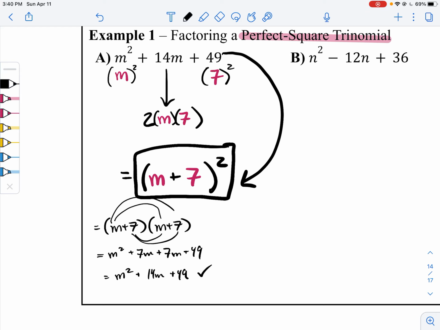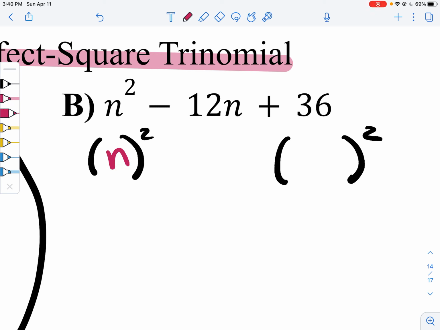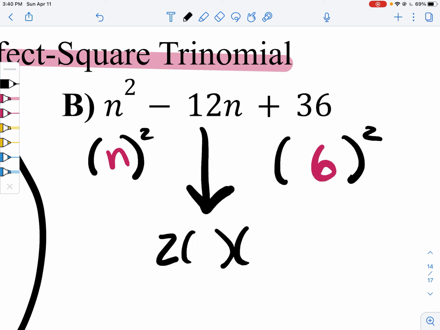Now this guy, does this fit a perfect square trinomial? Well, is this something squared and is this something squared? Yes, it is. n squared is n squared and 36 is 6 squared. Now our middle term, is it equal to 2 times n times 6? Not quite, because we have a minus right there. So that means we need to make this negative 6, because 36 is also negative 6 squared.